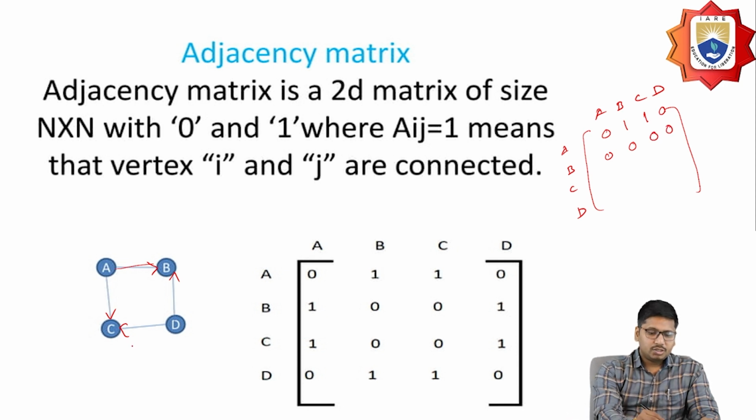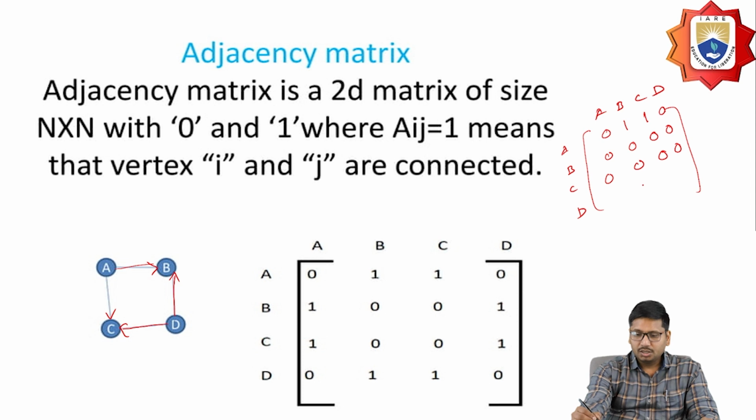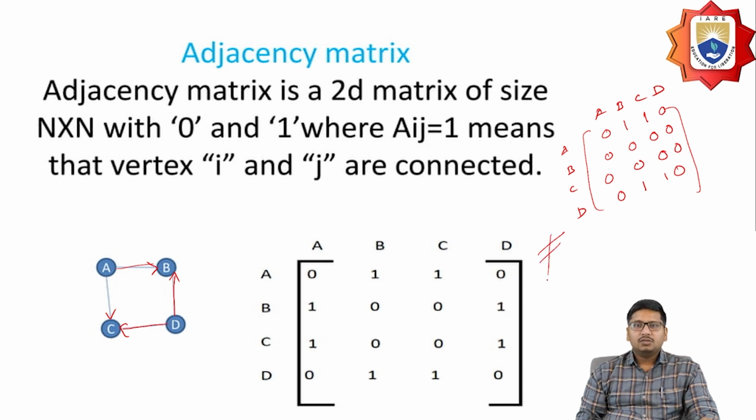For C, there are no edges leaving, so it is also all zeros. For D, I have edges from D to A, D to B, and D to C, so those should be 1. So this matrix is entirely different, when I consider this diagram.